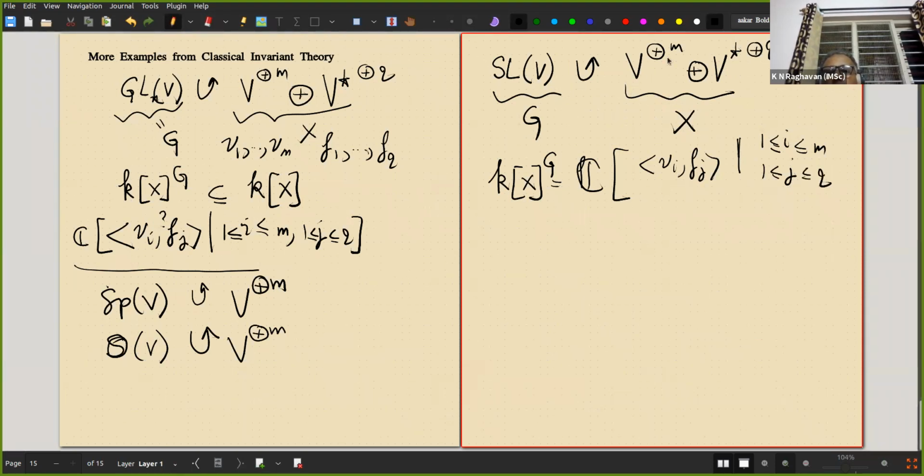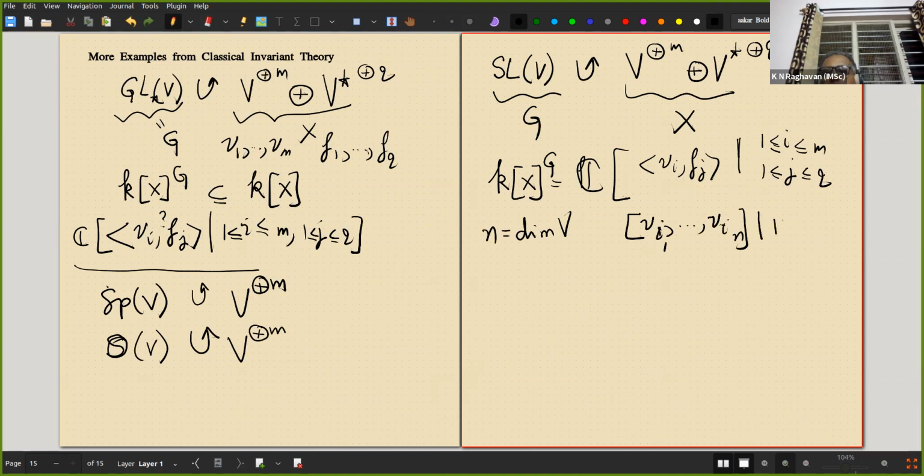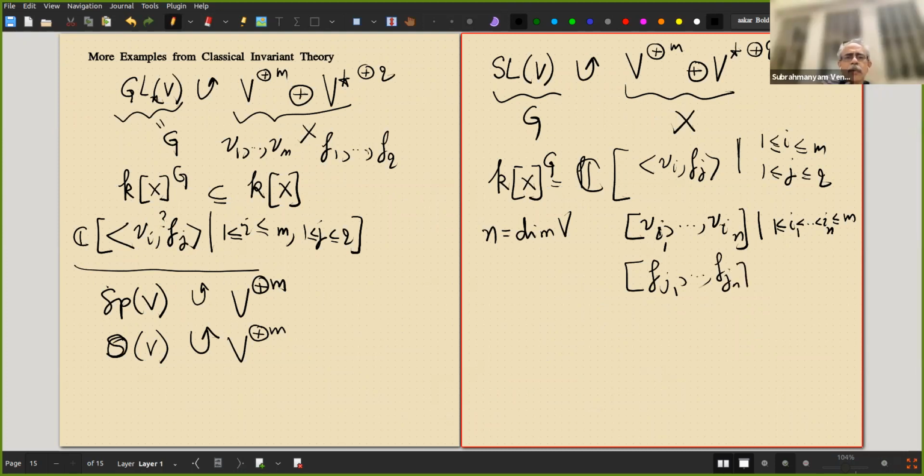But also this time, you will get such things as the bracket of v_{i1}, ..., v_{in}, where n, let's call this, is the dimension of V, and 1 is less than or equal to i1 less than ... less than or equal to in less than or equal to M, together with these fj's. So what is this notation?